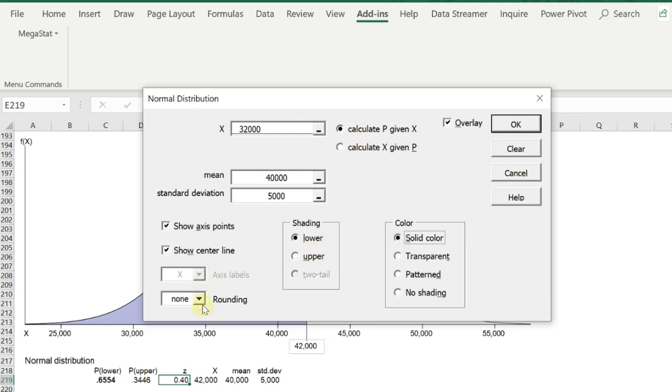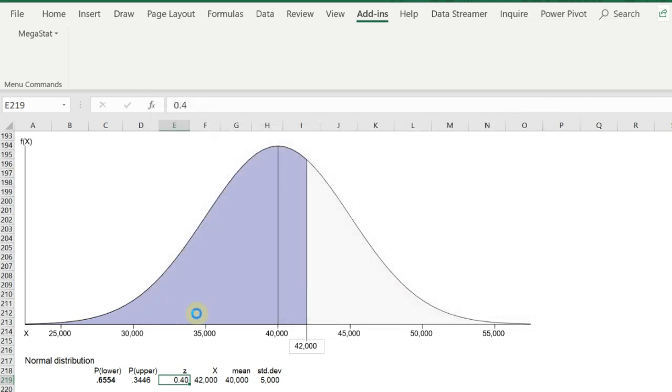Otherwise, visually it's confusing. And hit OK. Now you're going to see it right down here. This is the excess that we didn't want. We want between 32,000 and 42,000. That's this kind of gray, heavy gray region.